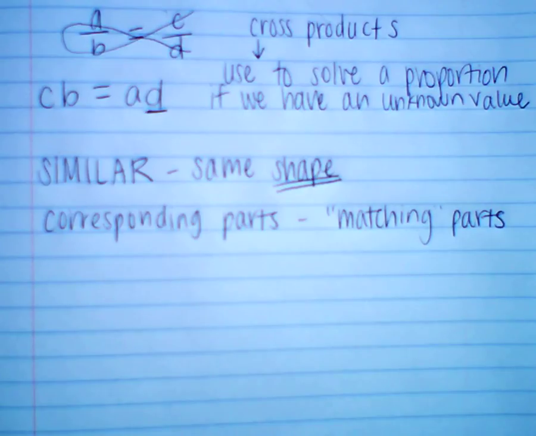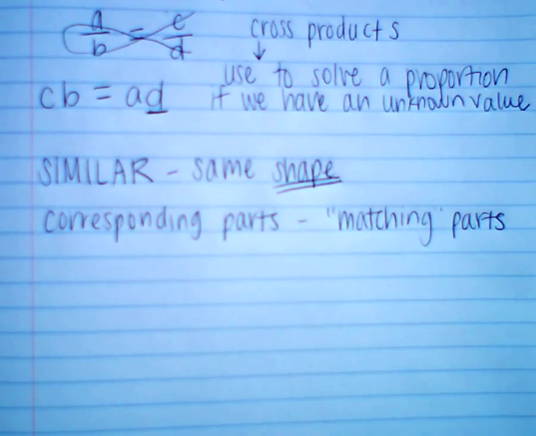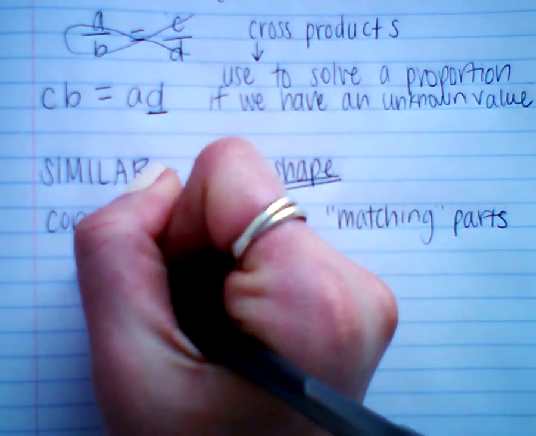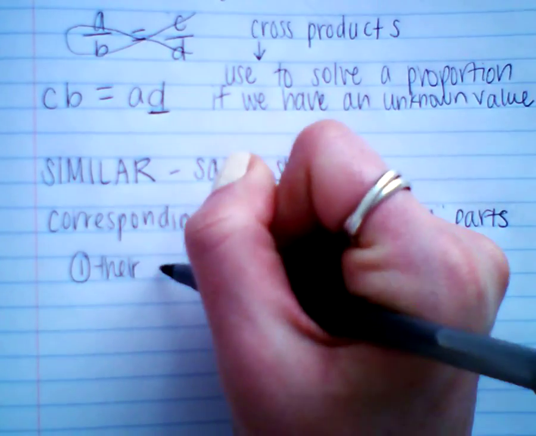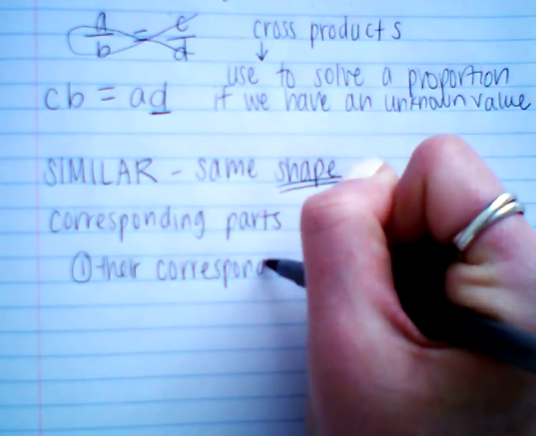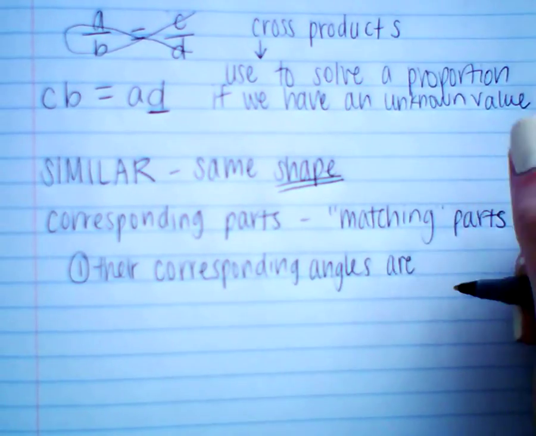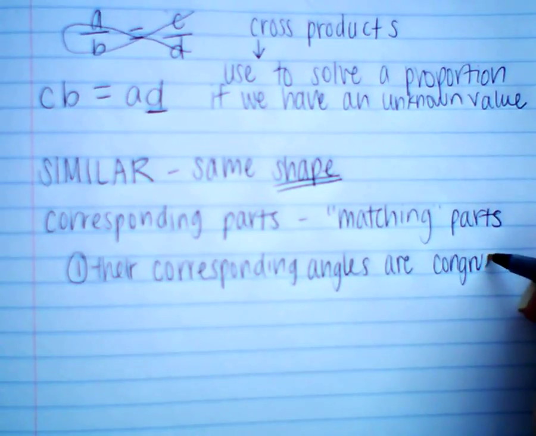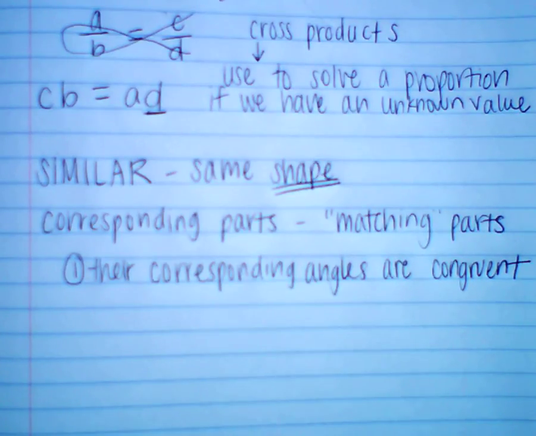So if two figures are similar, that means one, their corresponding angles are congruent, are exactly the same. Okay, so if one angle is 25 degrees, its corresponding angle on the other shape must be 25 degrees.